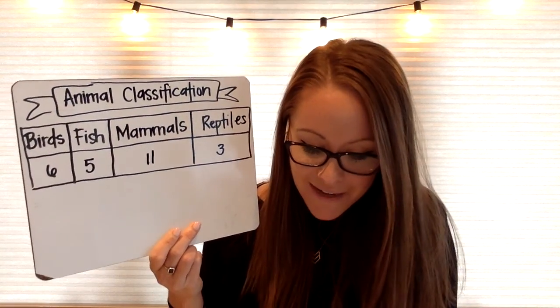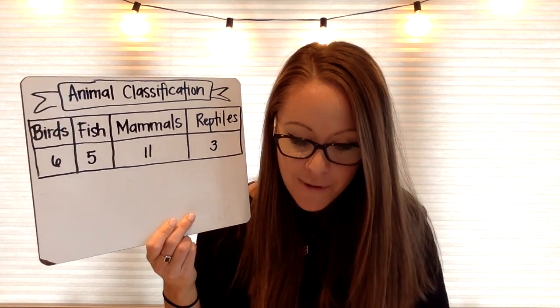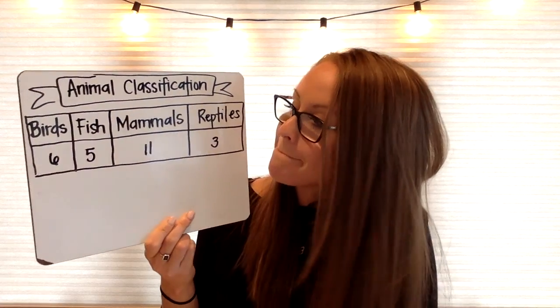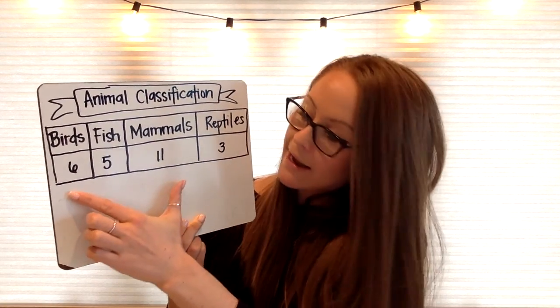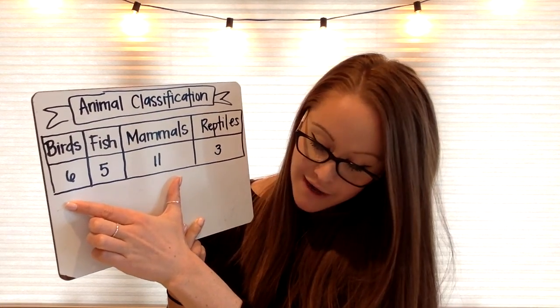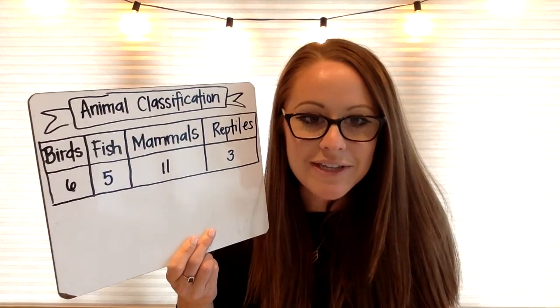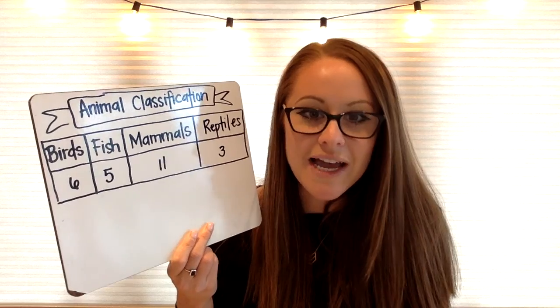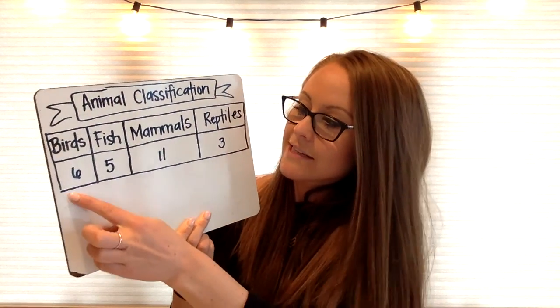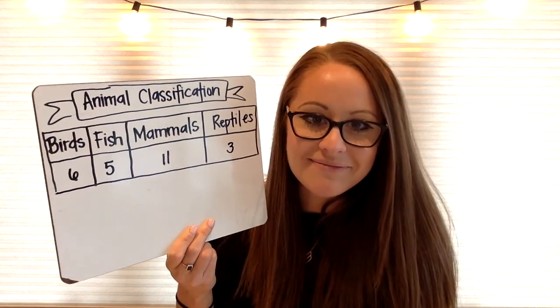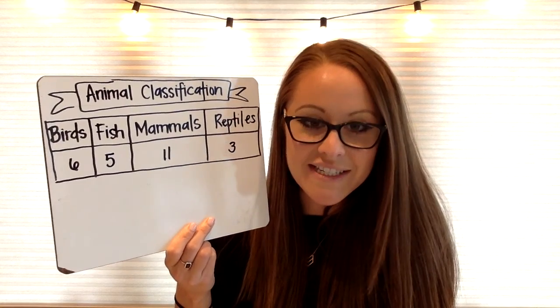Nice work. All right, letter B says, how many more birds and mammals are there than fish and reptiles? Oof. Okay, so we need to think birds and mammals. How many is 6 and 11 put together? That's 17, right?